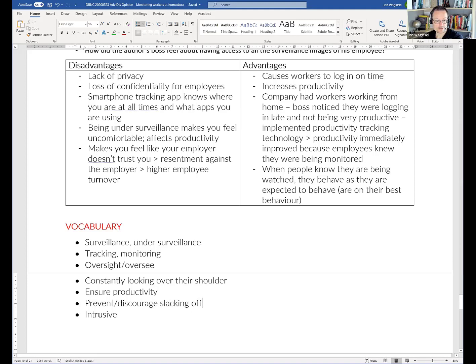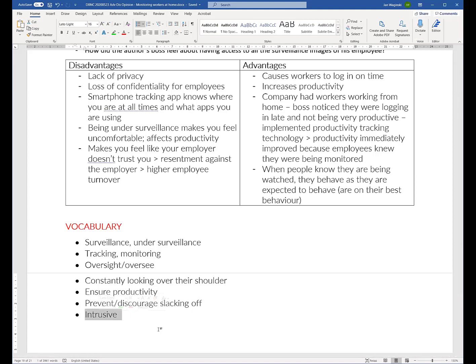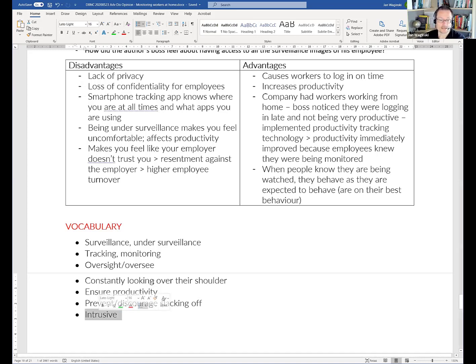Okay, and then people would say it's very intrusive. What does intrusive mean? What's an intruder? Intrude means to go someplace where you're not supposed to be. So an intruder is someone who's broken into your house or broken into a business.